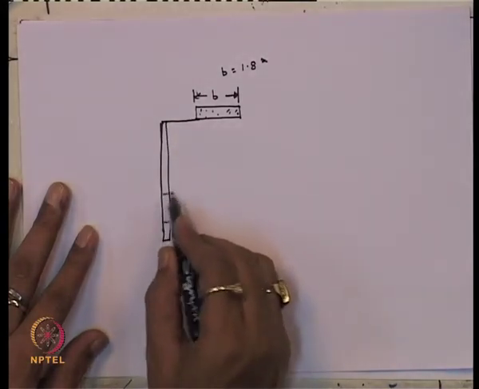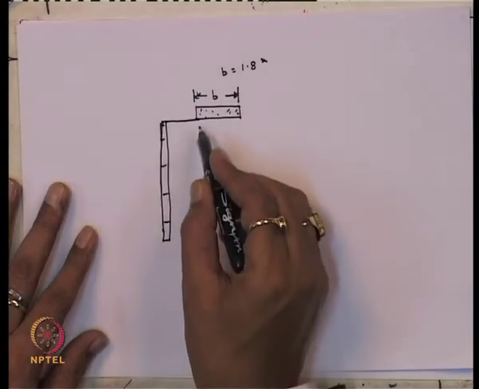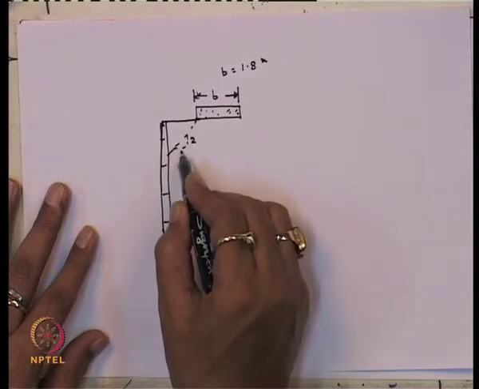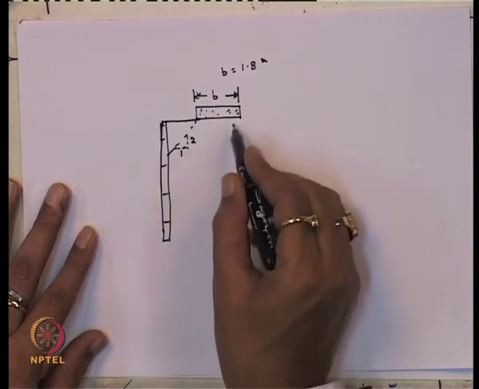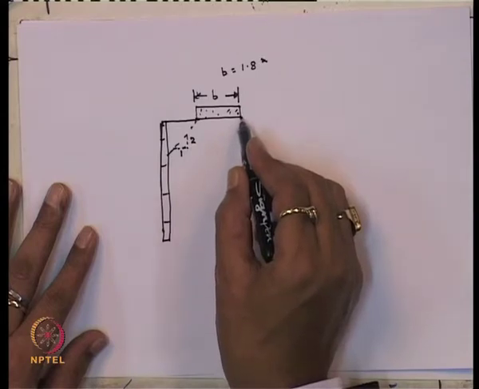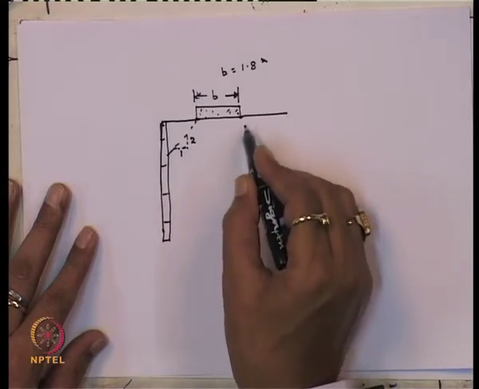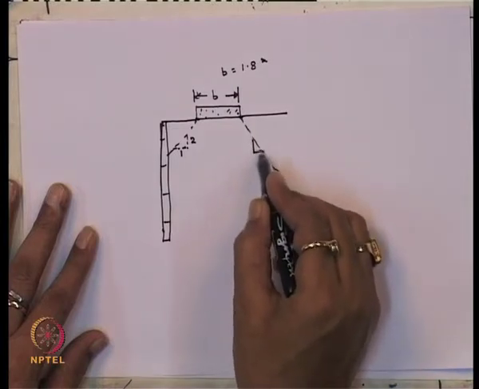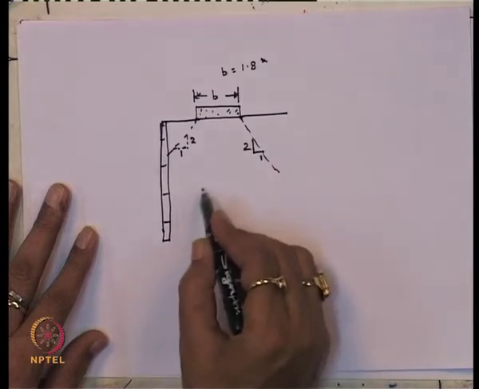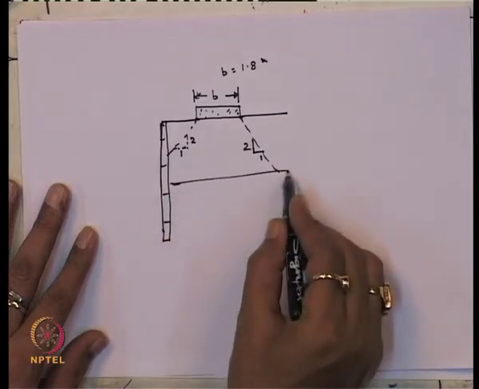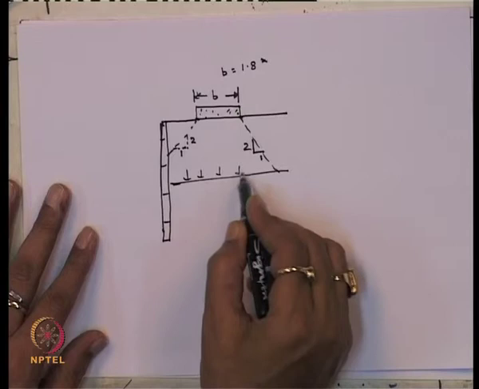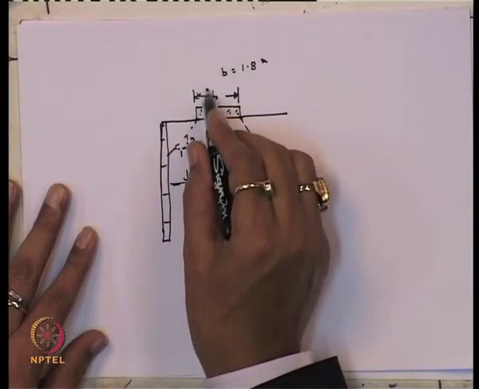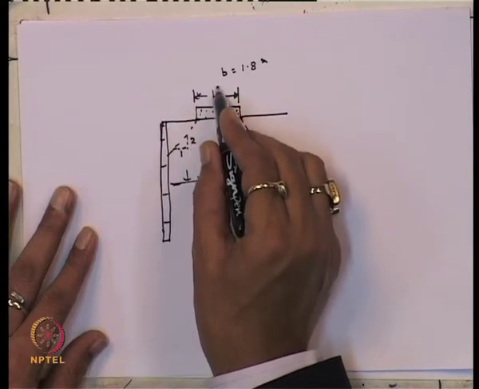Let us consider this is the wall, and this is dispersed with a slope of horizontal to vertical 1:2, and similarly this is also 2 vertical, 1 horizontal. So, for any strip where the vertical stress is acting, this is sigma of B, and this is the center line.